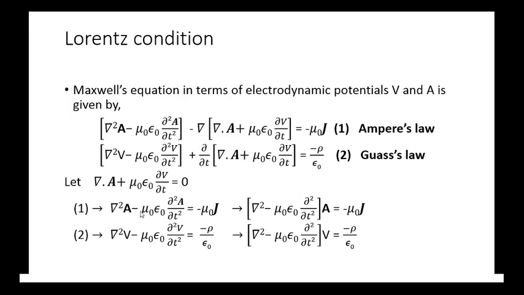So taking A from these two terms, you can write it as del square minus mu 0 epsilon 0 dou square by dou T square of A is equal to minus mu 0 J. Similarly, del square minus mu 0 epsilon 0 dou square by dou T square of V is equal to minus rho by epsilon 0.